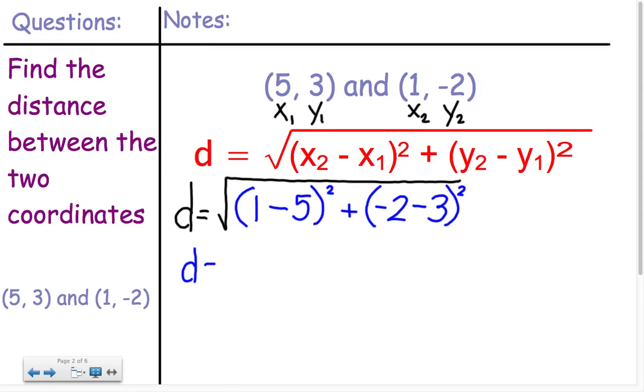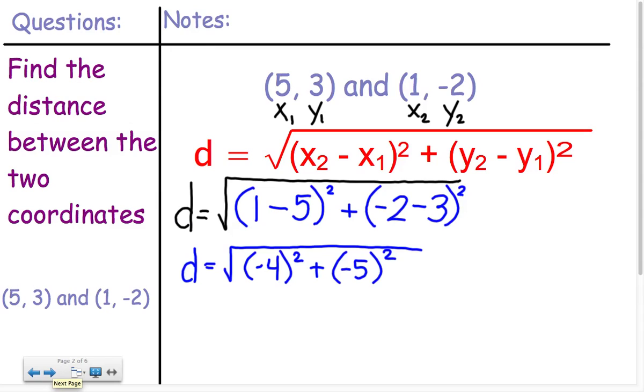All right, so if I simplify that, as in I'm going to simplify my parentheses, 1 minus 5 is negative 4. Negative 2 minus 3 is like negative 2 plus a negative 3, so negative 5, squared. Now here's the part where people make mistakes.